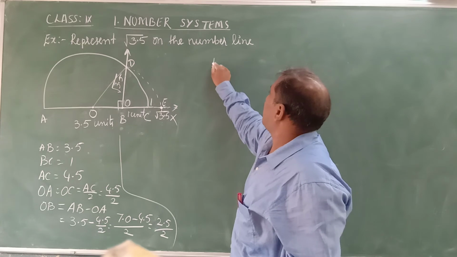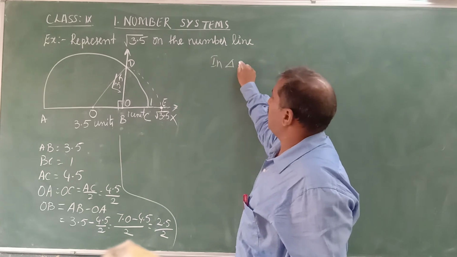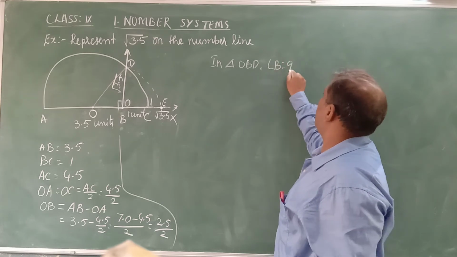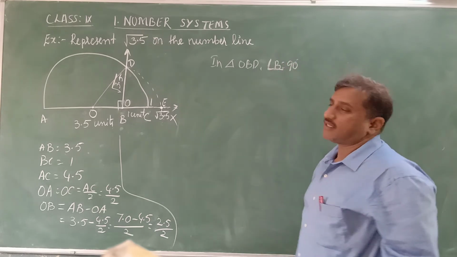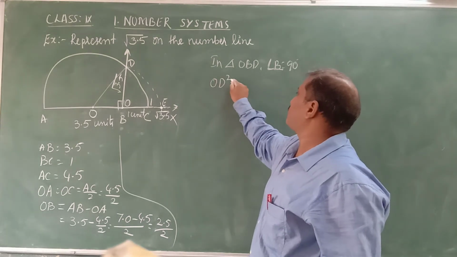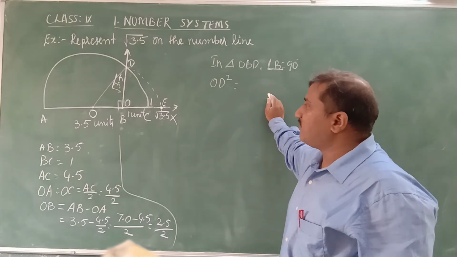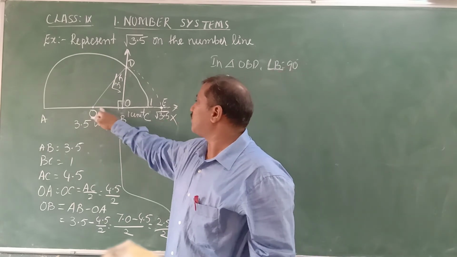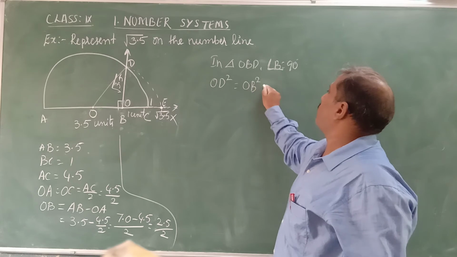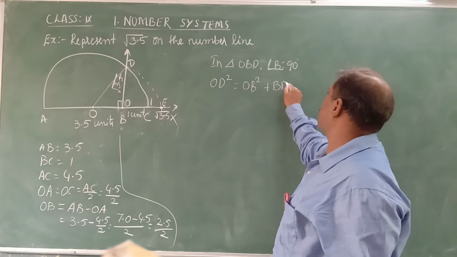In triangle OBD, angle B is equal to 90 degrees. Apply Pythagoras theorem. Therefore, what do we get? Hypotenuse OD square is equal to the sum of the squares of the other two sides, that is OB and BD. OD square is equal to OB square plus BD square.